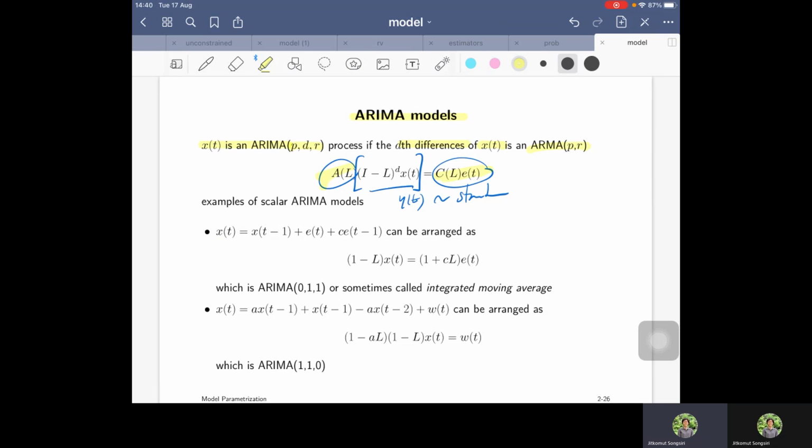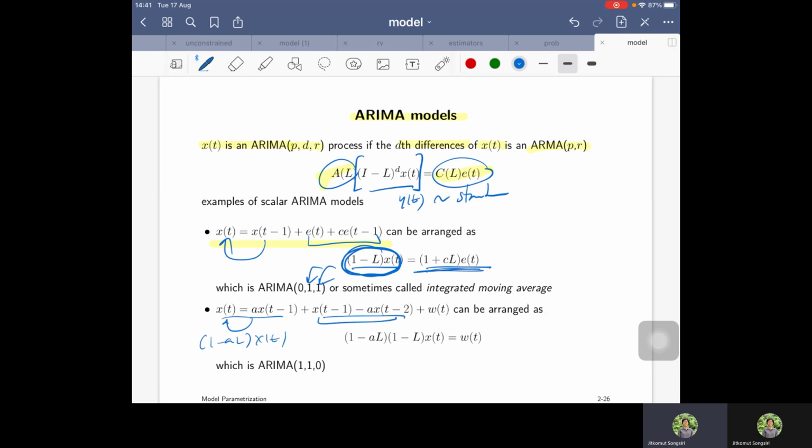So here's one example. If we have an equation like this, you see that when you move xt minus 1 here, you can represent it as (1 minus L)xt. This is (1 plus cL)et. So what is it? After I take first order differencing, it becomes a moving average. So it's an ARIMA process with first order differencing, first order MA. How about this one? If you move it here, it is (1 minus AL)xt, right?